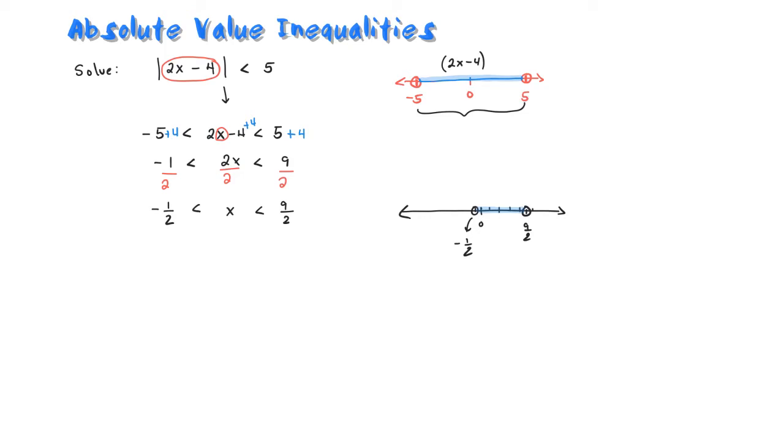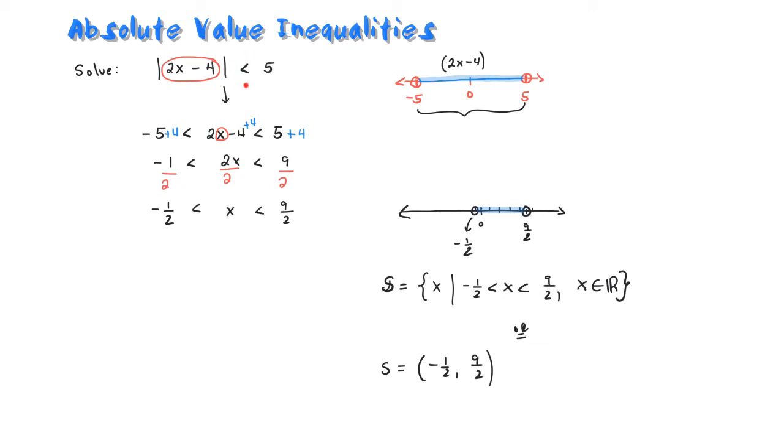Numbers between -1/2 and 9/2. So in proper set notation, the solution set will be the set of x such that -1/2 is less than x, less than 9/2, where x is a real number. Or in interval notation, open brackets from -1/2 to 9/2, or let's say soft brackets, because 9/2 over here was never included.